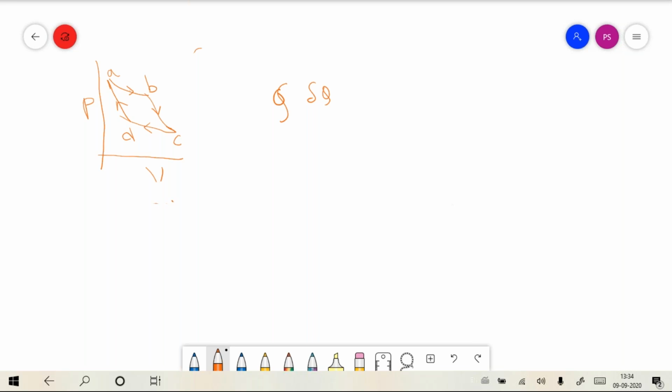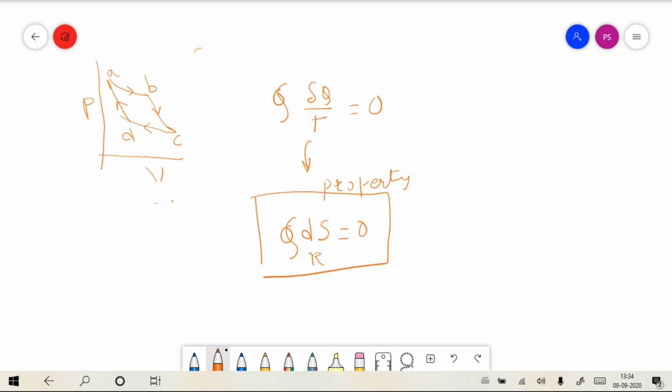And that property is nothing but entropy. Okay, I hope that this is clear. So this is how logically we arrive at the definition of entropy. If you take any thermodynamic cycle, you are getting back to the initial state, and then the total summation of changes in the properties will always be 0.